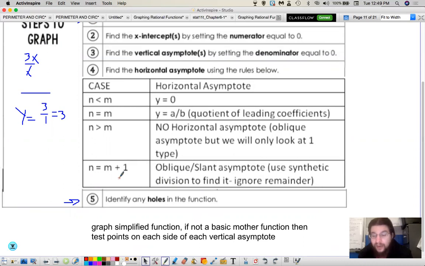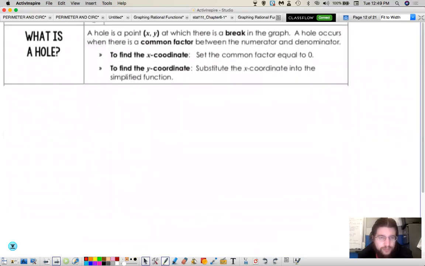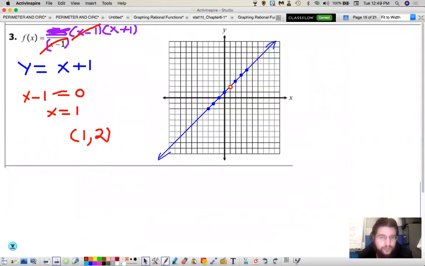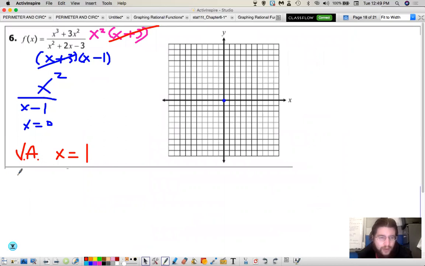We're going to be using synthetic division to find our slant asymptote. Oblique if you want. Here we go. OA.